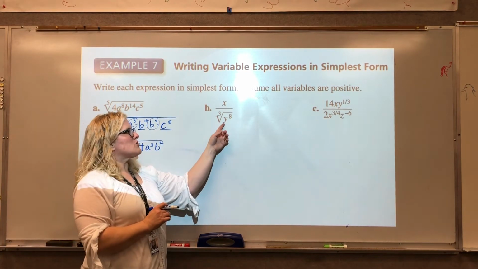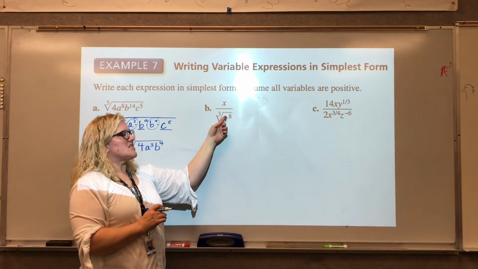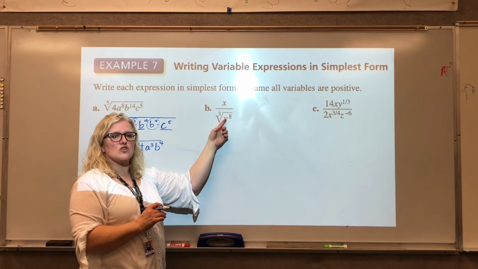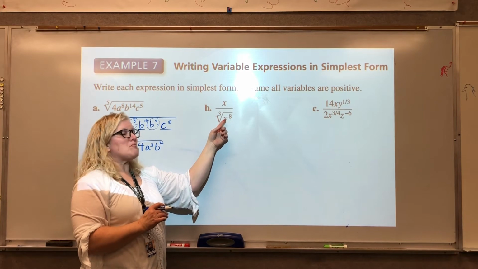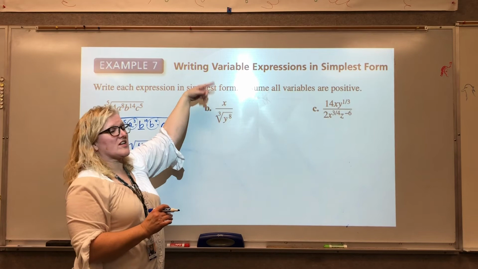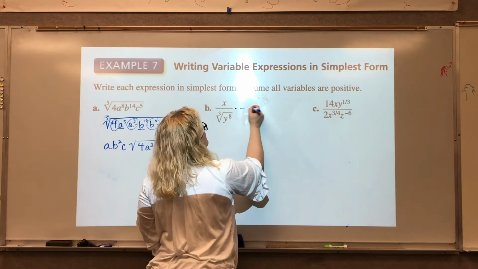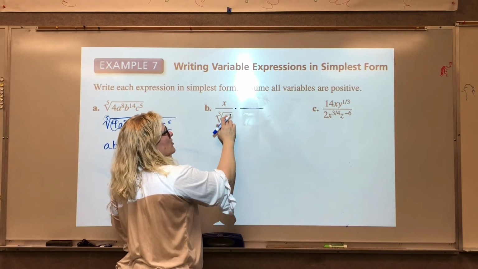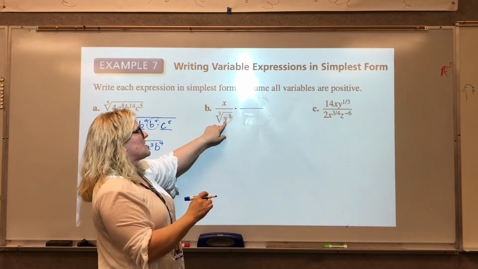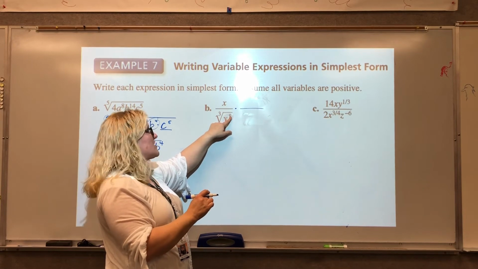Okay, so this one, we have a cube root, and we've got something in the denominator. So we need to get a perfect cube in the denominator. But let's look and see what we need to do. In order to get this to be a perfect cube, I need to turn this into y to the 9th, because that's a perfect cube.